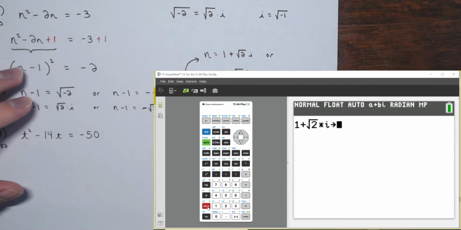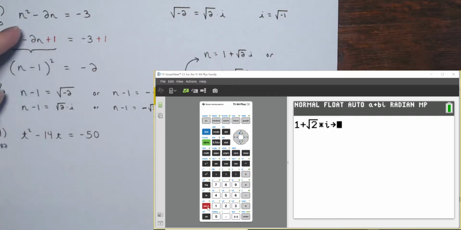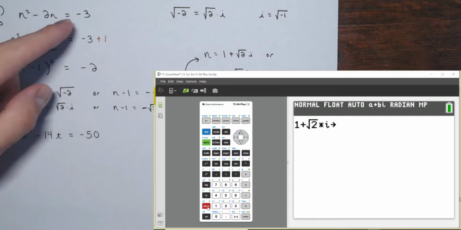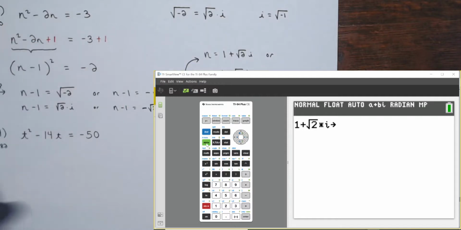And then I'm going to store this as, and the variable here is n. Now you could just store it as x and change this to x squared minus 2x, but I'll keep with n, hit alpha n, hit the store as n. All right. And I've done this in previous videos.